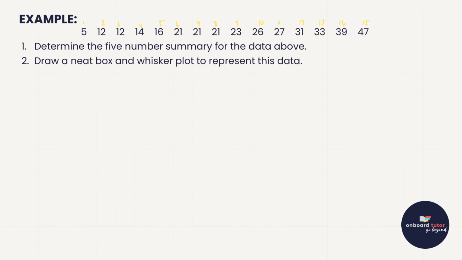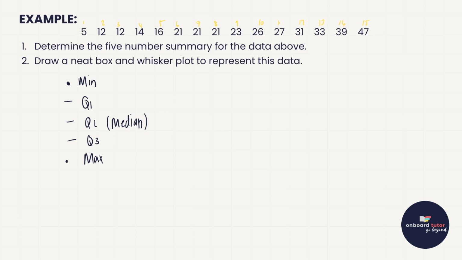What are the things I need? Let's see if you can remember. The minimum and the maximum, we'll get there. Quartile 1, quartile 2, which is also the median, quartile 3. And then finally, the maximum. There we have those.